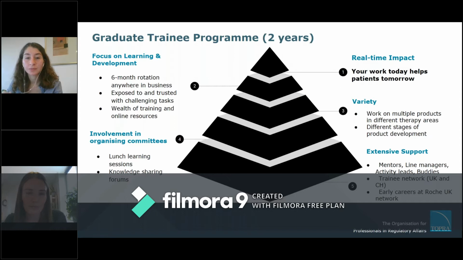So to begin with, this program is not just one specific function, so it covers documentation, program management, and labeling. Lizzie and I are both part of this program, and we're currently in our second year. This 2-year program gives you a lot of support.